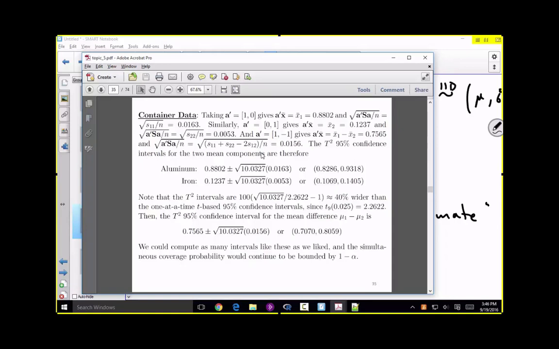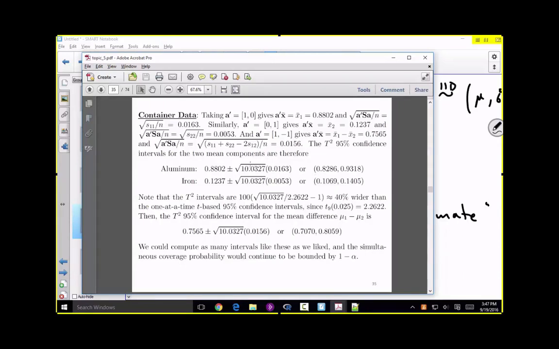Let's look at the container data, and I'll show you the code. This is the same exact setup. We have aluminum and iron only, and we're going to compute 95% simultaneous confidence intervals.